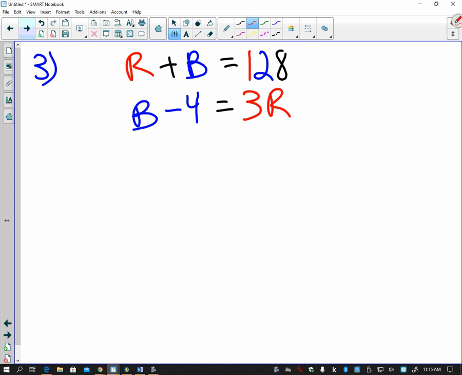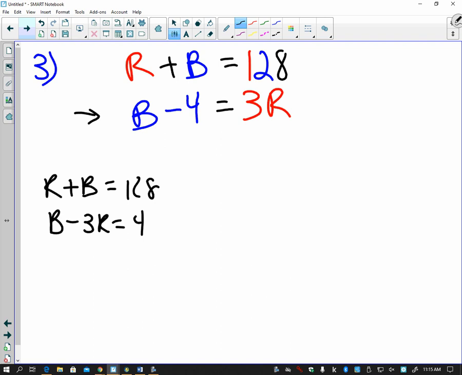There's 2 things that we could do. I'll give you, do you want 1 option or 2 options? You can do a matrix. So just so that you see the matrix option, that would be red plus blue equals 128, and then change this equation so that you have blue minus 3R equals 4. Move this over here, move that over there.